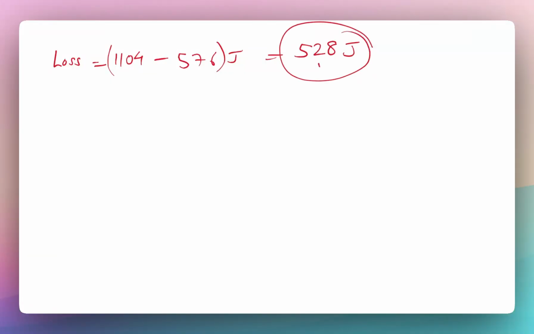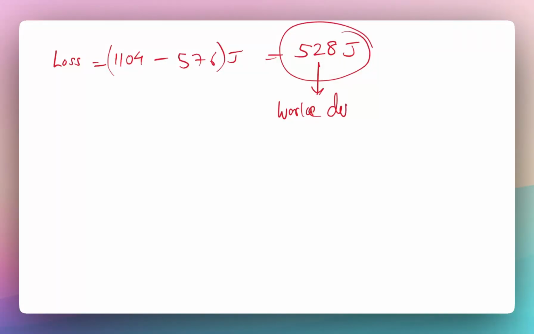So how much is the loss of kinetic energy? It's going to be 1104 minus 576 joules, right? And that is going to be equal to 528 joules. Okay, 528 joules, and this loss is going to be equal to the work done by the force of friction.